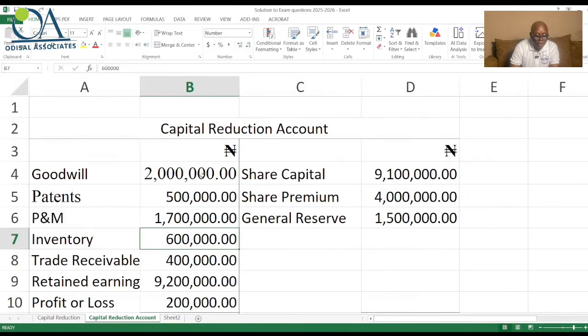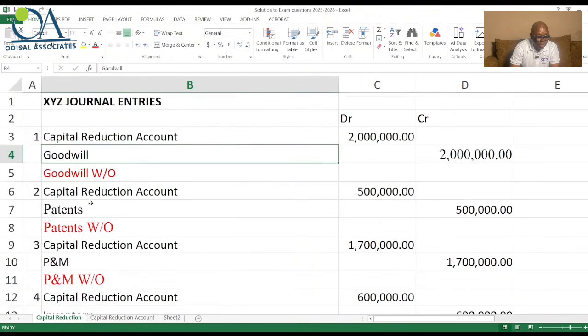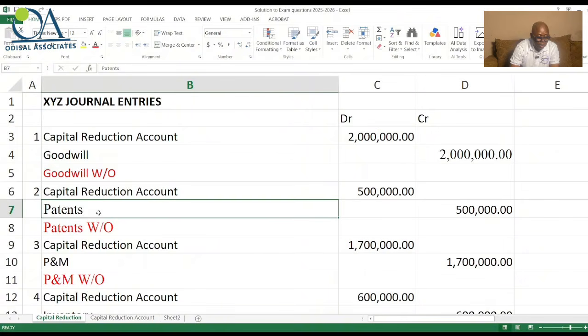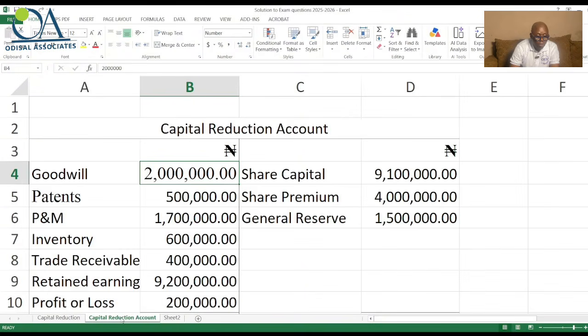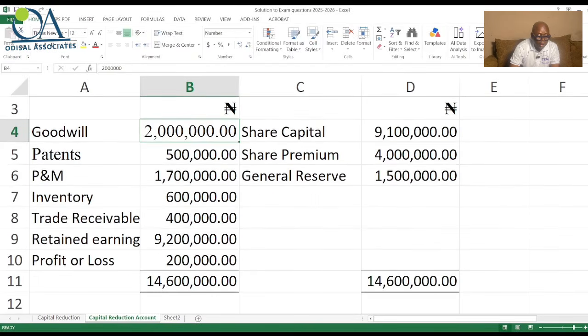So you come to capital reduction account, you debit it without goodwill. We also come here, we see capital reduction account is also debited with patents. So we do that.